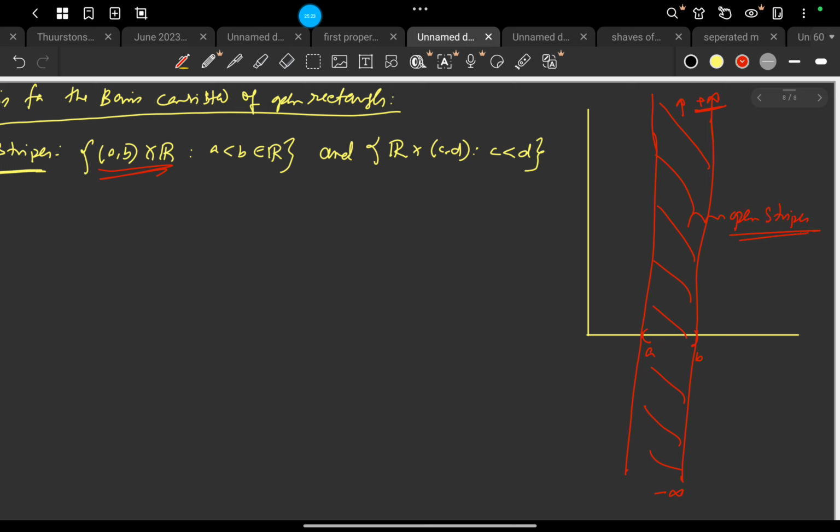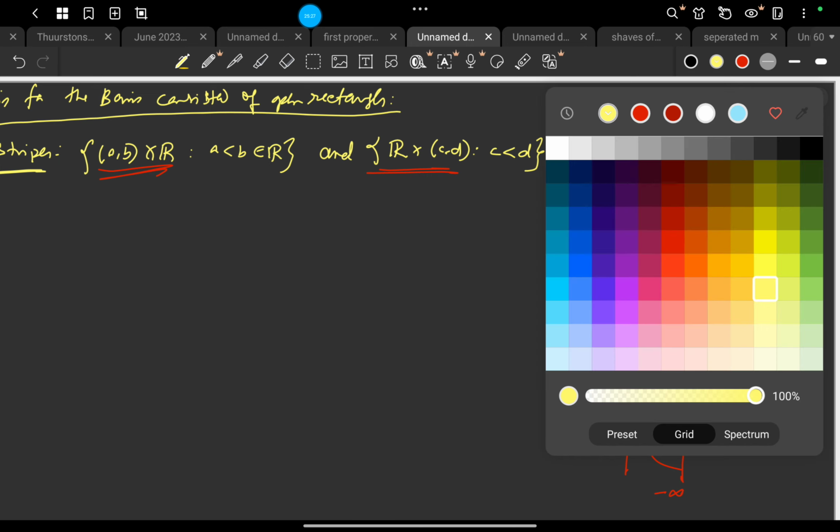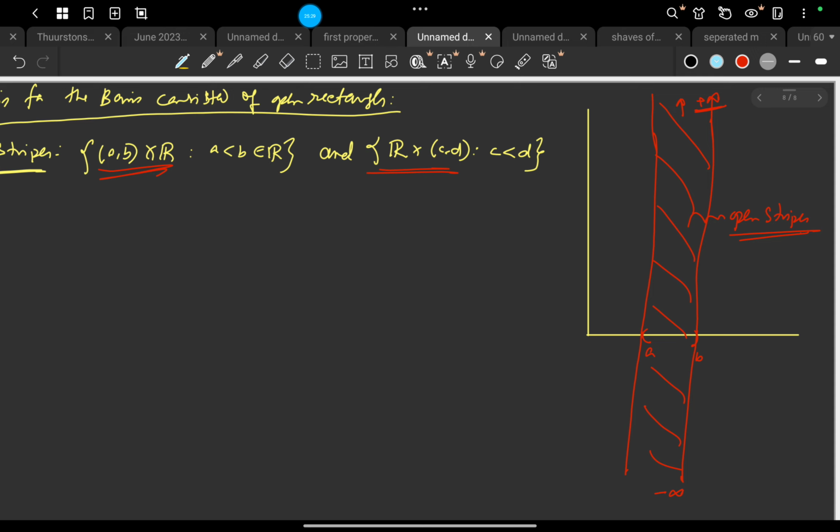And how does this kind of stripe look? Suppose we have a certain (c, d) here. So R × (c, d) is basically like this.